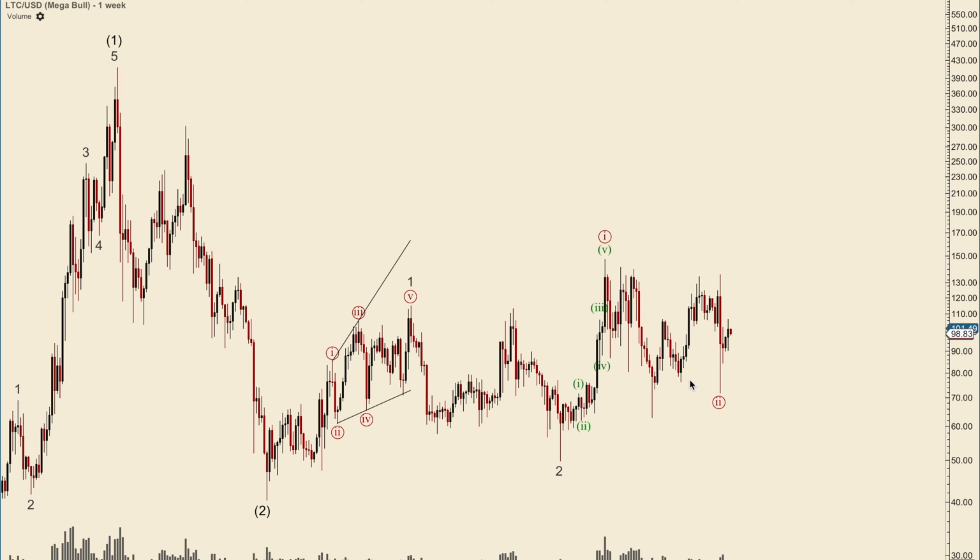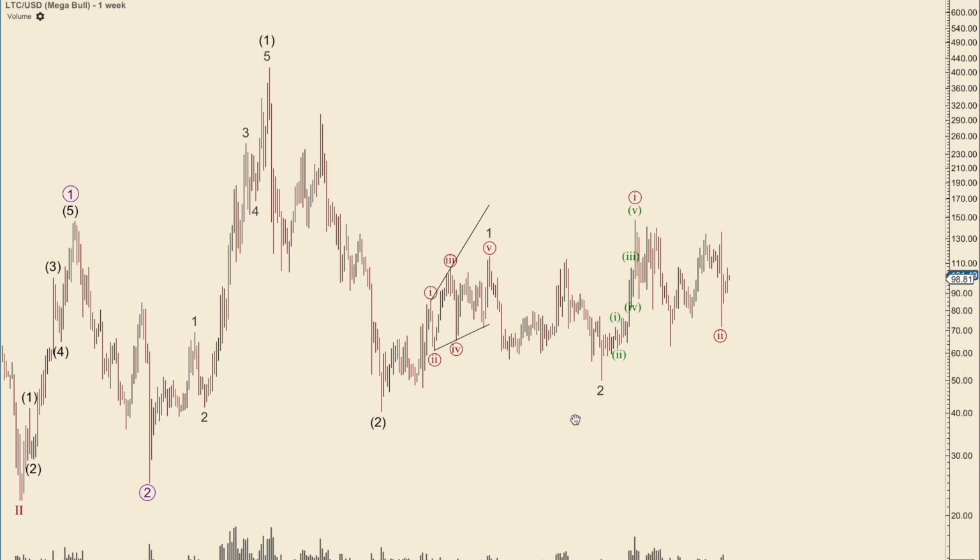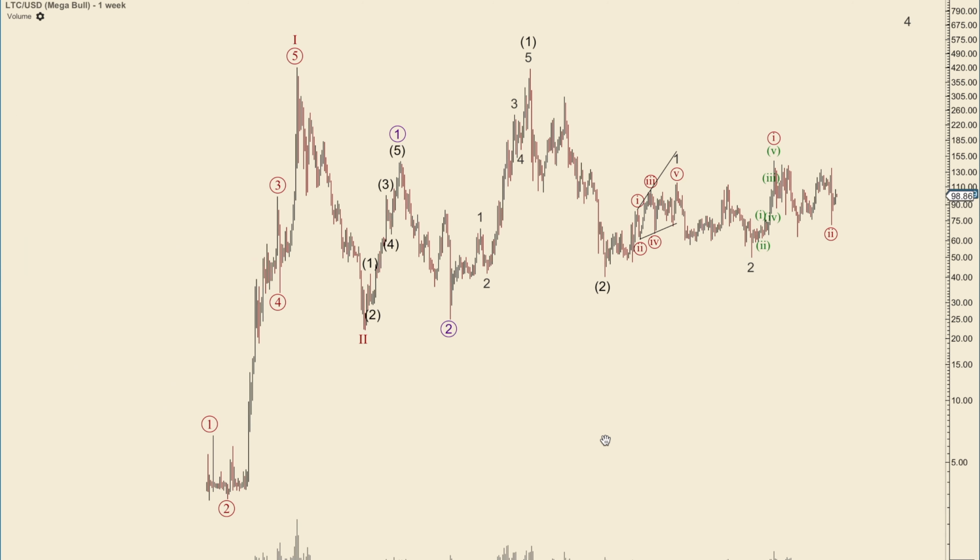So you can see that we have rising, we have higher lows all the time in this count. So you can see here, higher low, higher low, higher low, higher low. And that is why it's a possible count.